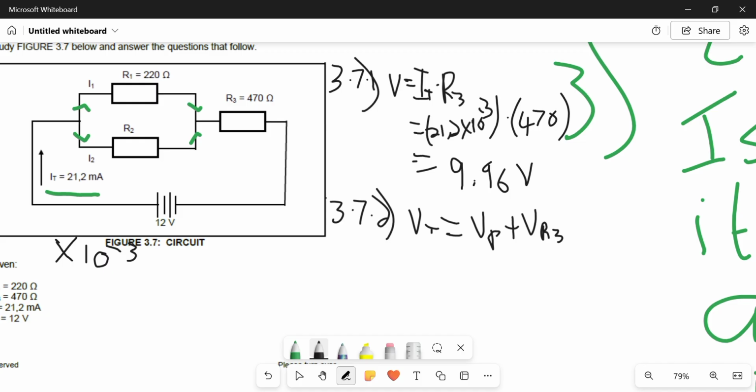Okay, so we are going to manipulate our formulas and say VP equals VT minus VR3.